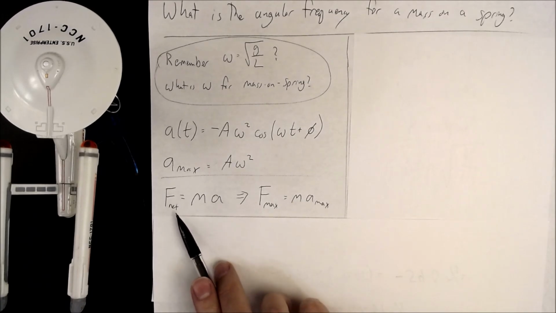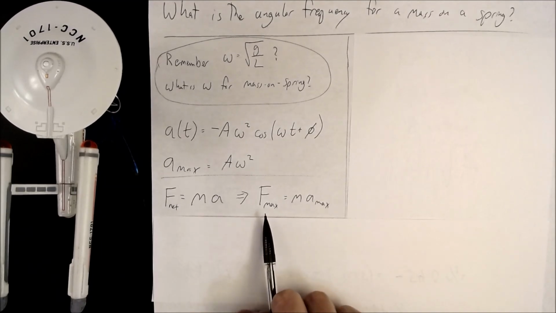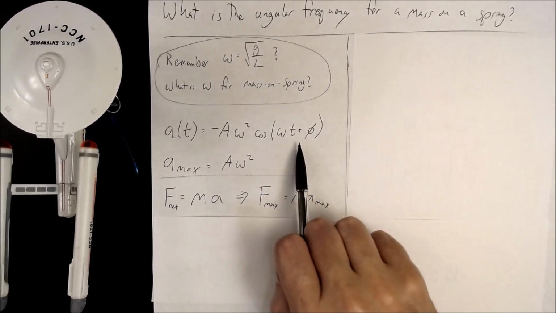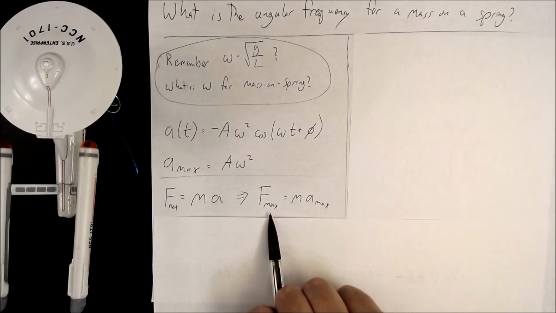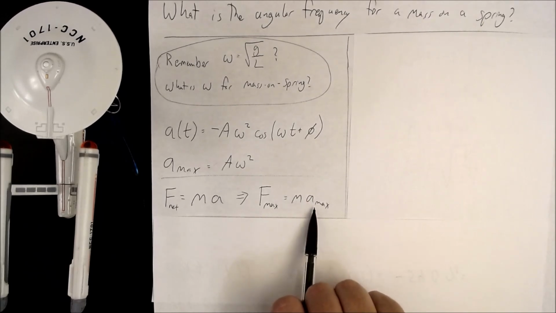Hypothetically, because F net is equal to ma, we can in fact say that if we have a force that varies up and down, or oscillates like this, then when the force is at a maximum, the acceleration should be at a maximum.